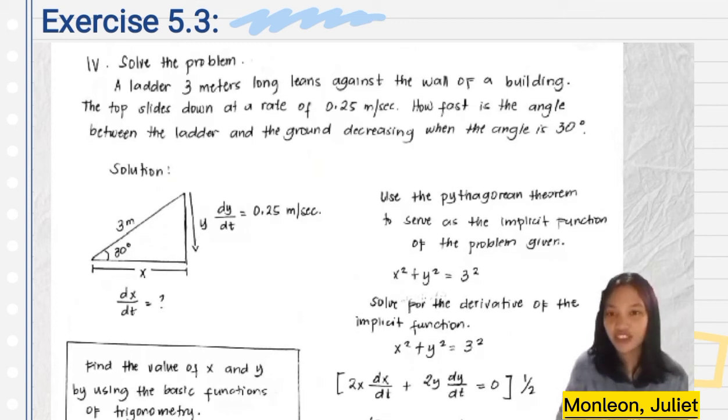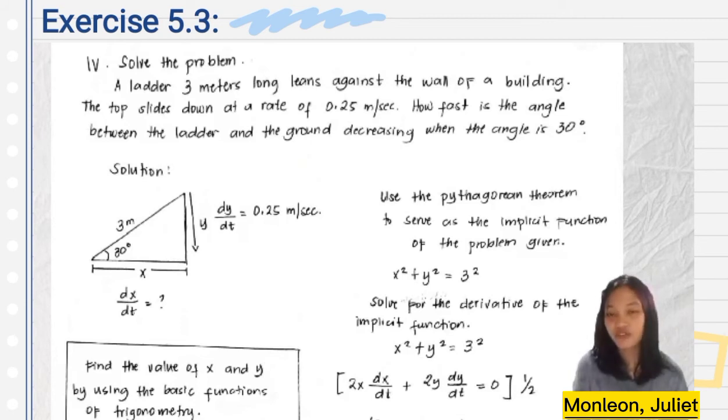So the 30 degree angle is in between the 3 meter ladder and the x variable. So the derivative of y with respect to t is equal to 0.25 meter per second.